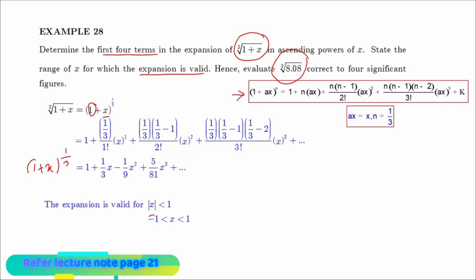In order to use it, we have to find a value of x to be substituted in the left-hand side and also the right-hand side of our equation. So how do we get our x? First, we try to compare 1 plus x equals 8.08. But by doing so, we get x equals 7.08, which is out of range.